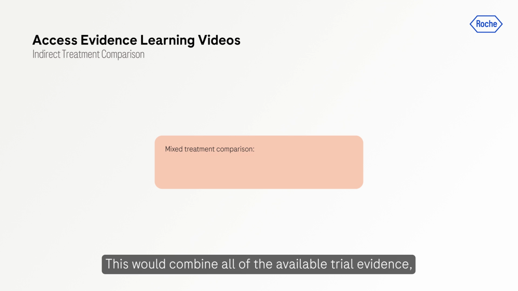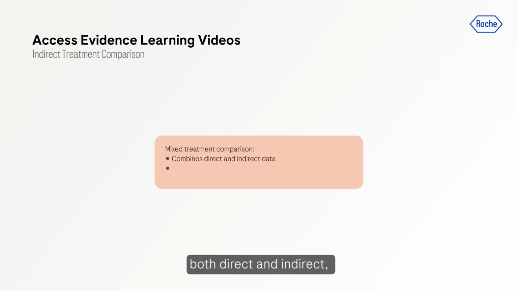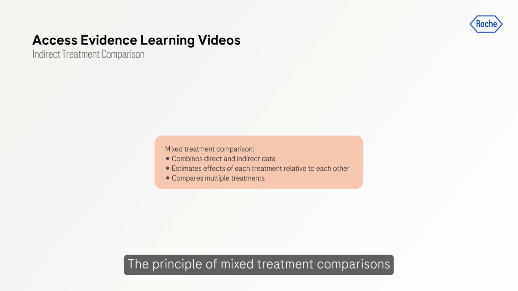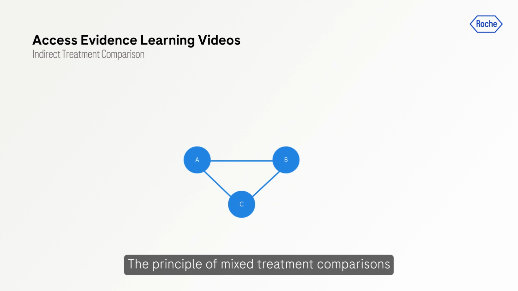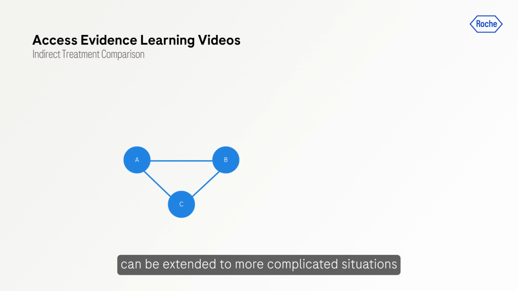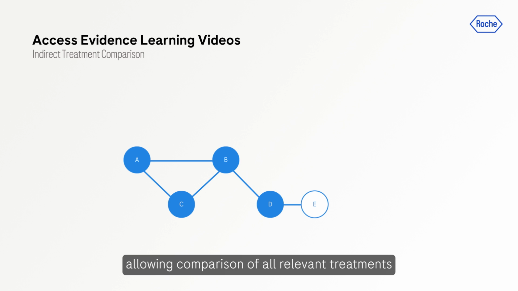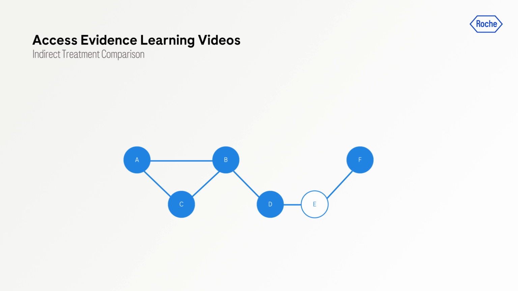This would combine all the available trial evidence, both direct and indirect, to estimate the effect of A, B, and C relative to each other. The principle of mixed treatment comparisons can be extended to more complicated situations, when numerous treatments are of interest, allowing comparison of all relevant treatments without the necessity for head-to-head trial data for each treatment comparison.